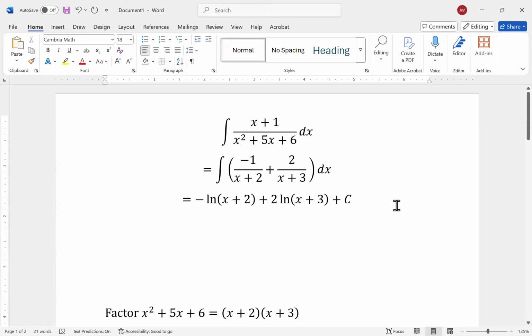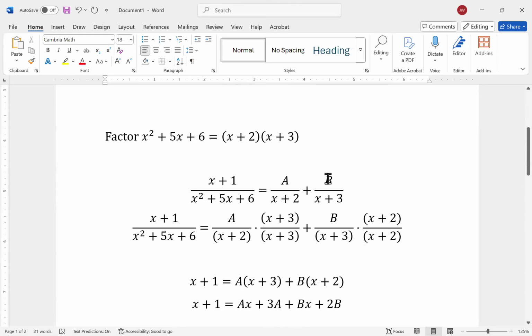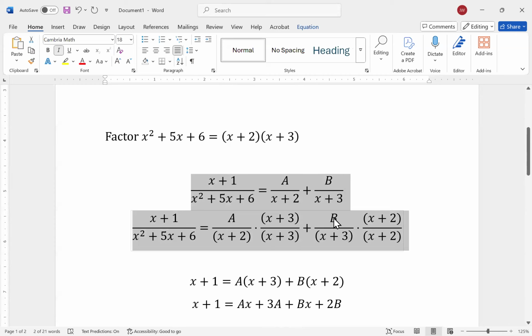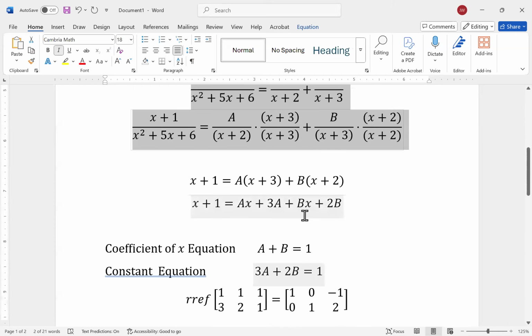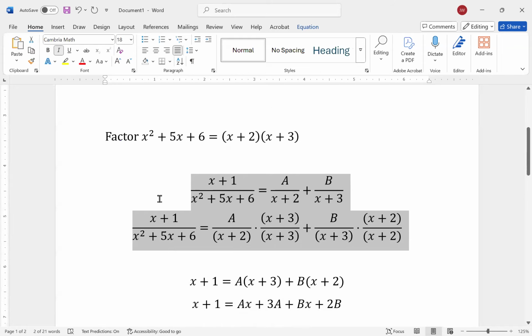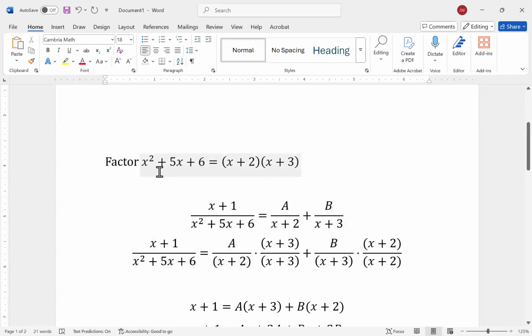Again, this part is the quick part. The harder part is setting up this and solving for the a and the b. This in general is going to be how it works, although we're going to see what happens later when our factoring isn't quite as nice.